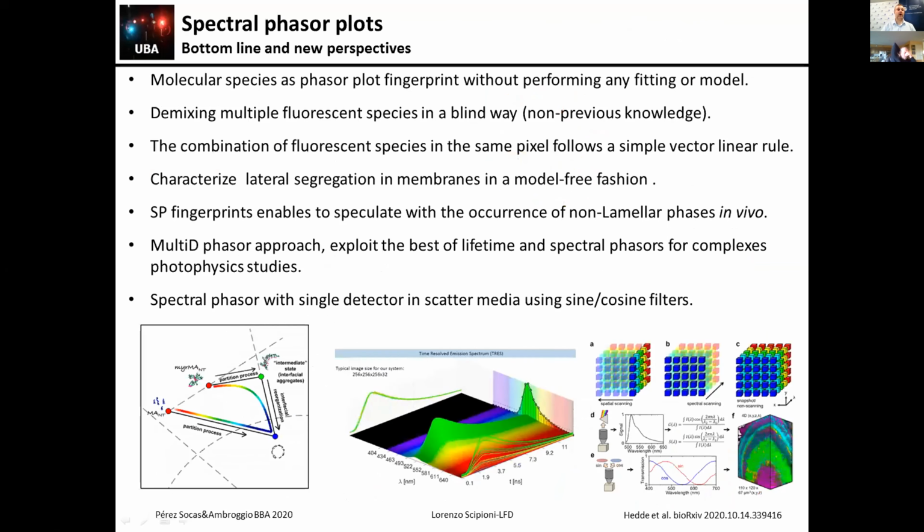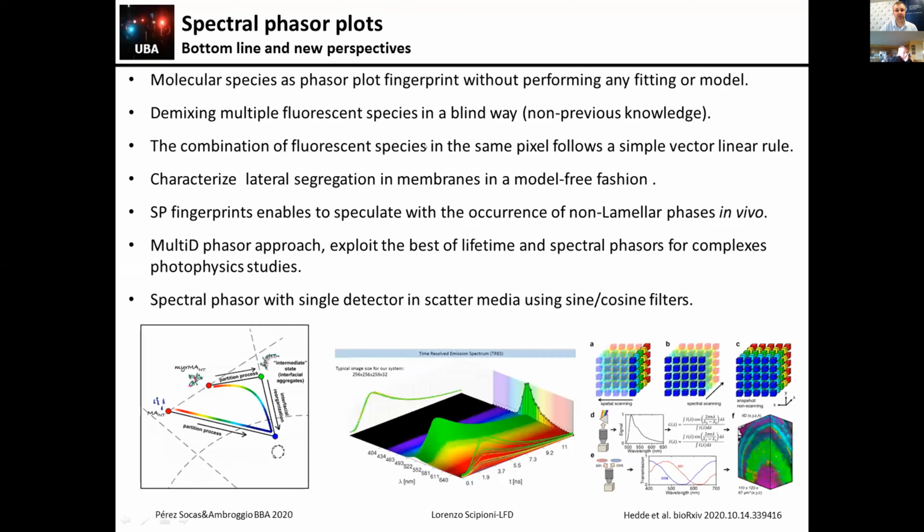So finally, I want to emphasize and make some points about how good this spectral phasor can be for analysis and fingerprinting without performing any fitting or without assuming any model. You can do the mixing. You will see this much better in Alex's talk today.